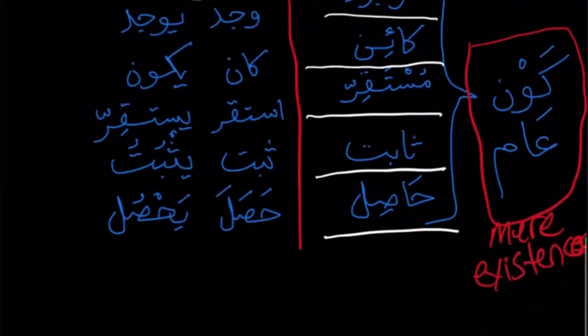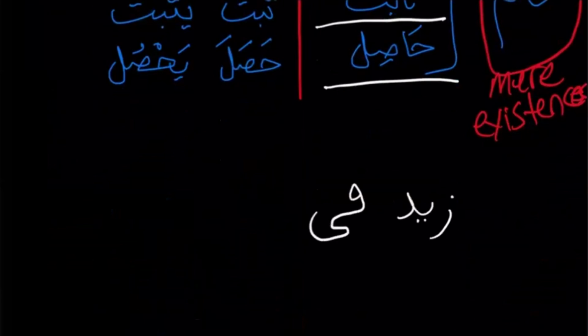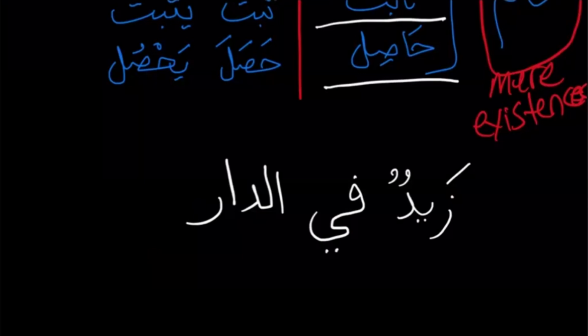Now, as for jar wa majroor, Zaydun bid-dar. Same thing. Meaning, same taqdir, either ism mufrad or jumla.